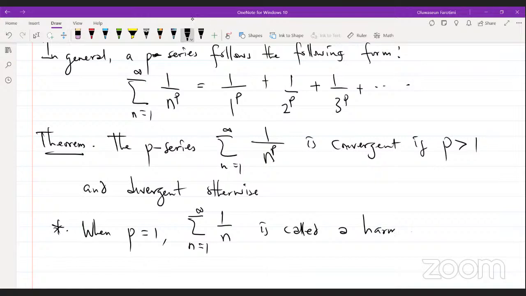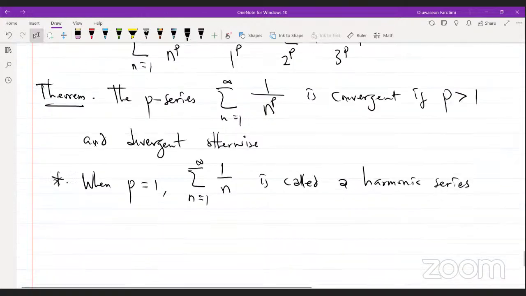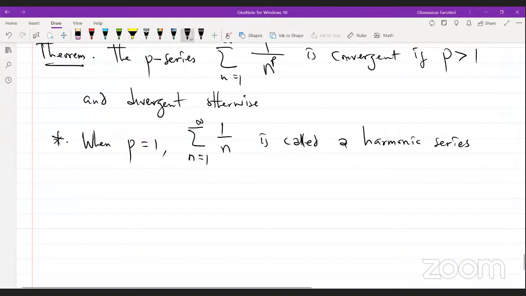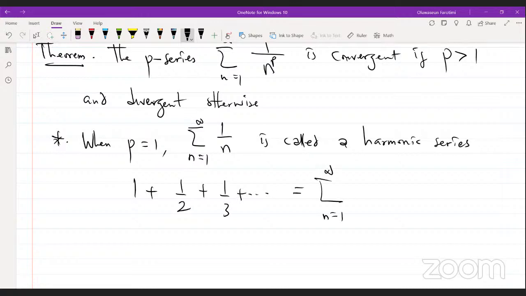It's called a harmonic series. And how would that look like? This is like 1 plus 1 over 2, 1 over 3, on and on. This guy is just the sum from 1 to infinity of 1 over n.